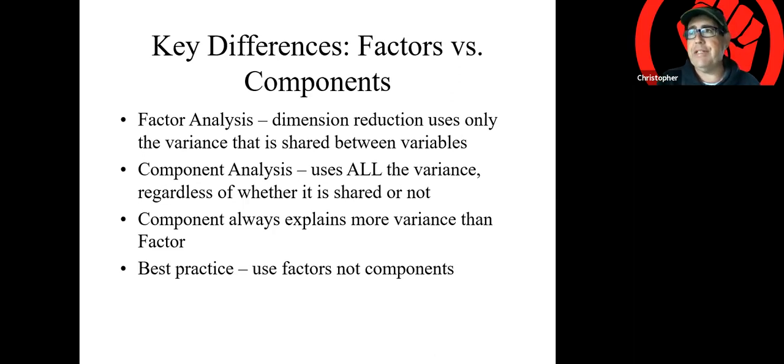Looking at the shared variance tells us the part of the variables that are correlated with each other, rather than the stuff that can't be explained by the other variables. Component analysis looks at all of the variance, whether it's shared or not, and that gives you results that look statistically more impressive, but are probably far less stable because they're based on error variance as well.